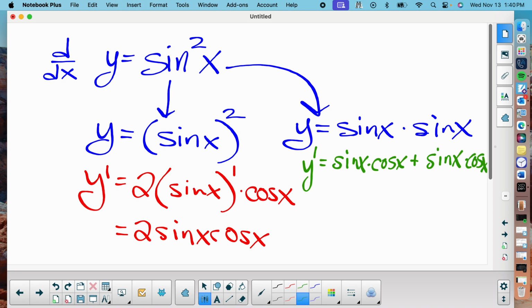And so if you have sine cosine plus sine cosine, that's 2 sine cosine. And it doesn't matter which one you write first. I was about to write cosine first, it's still the same thing.